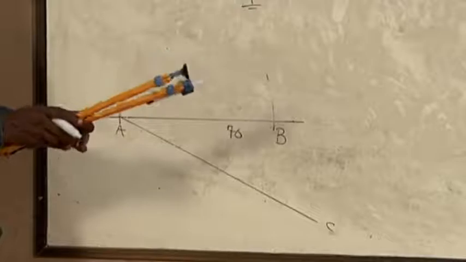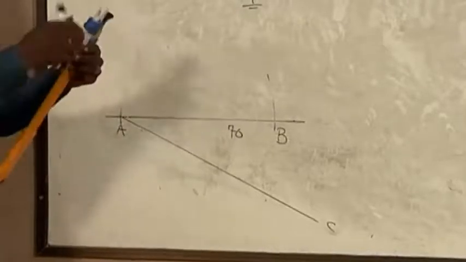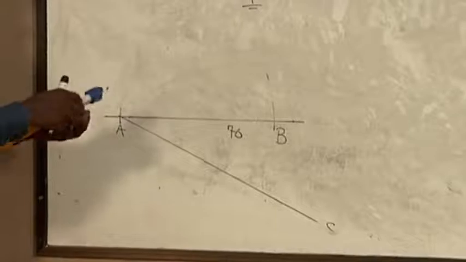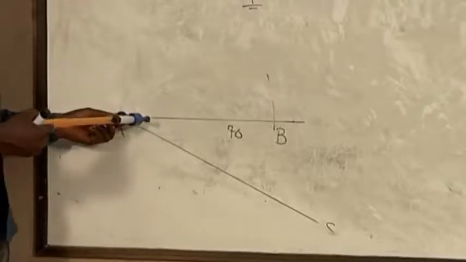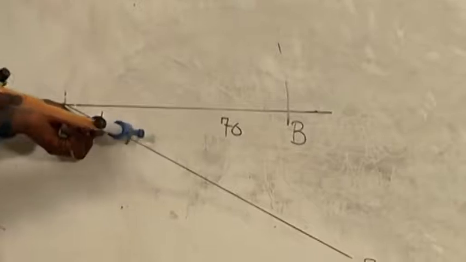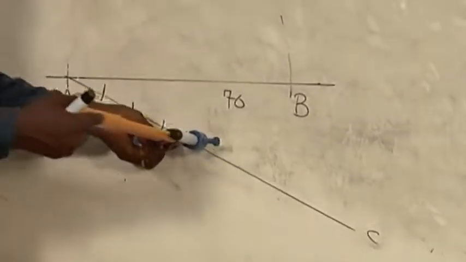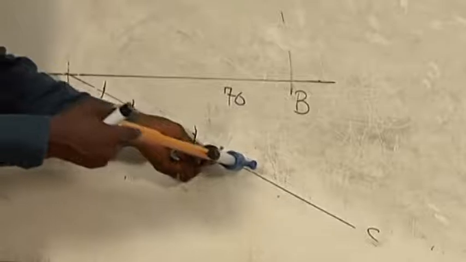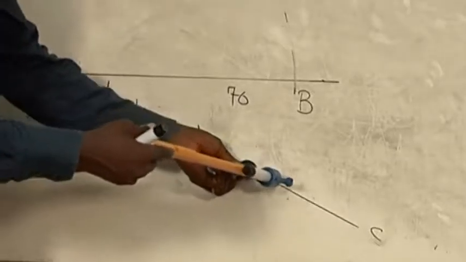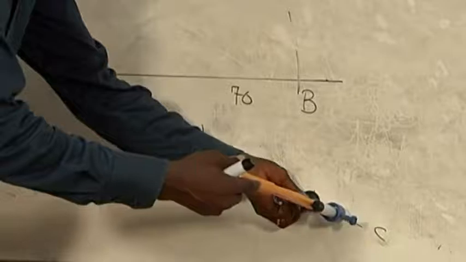Choose a smaller radius. Let me take this for instance. You put your needle at A, you go 1, 2, 3, 4, 5, 6, 7, 8, and 9.